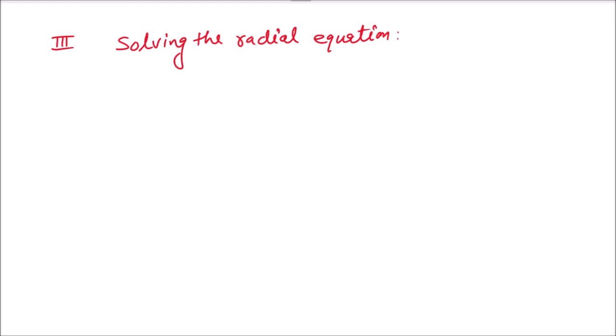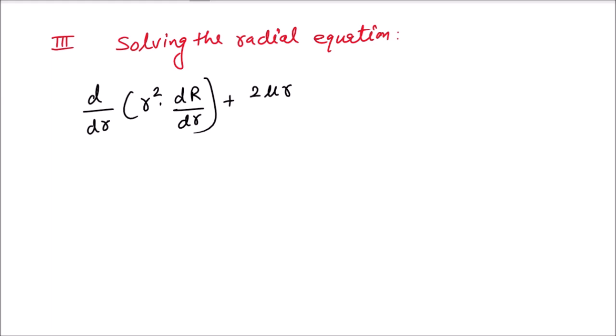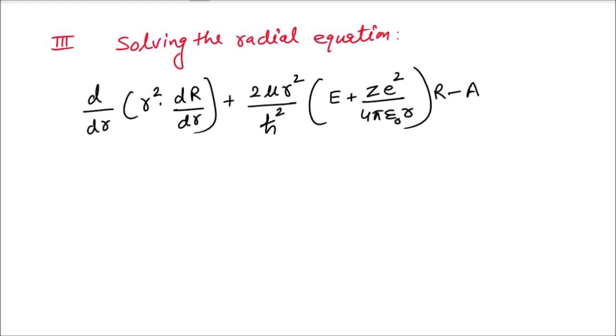Now in the radial equation, it was 1 upon r d by dr of r square dR by dr, plus 2 mu r square upon h bar square into E plus Z e square upon 4 pi epsilon naught r, into R, minus A, or L into L plus 1, into R equal to 0, right?